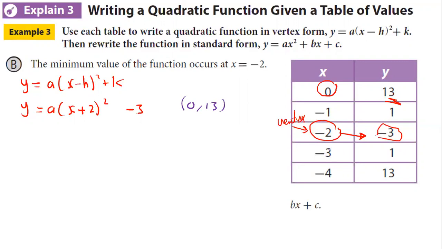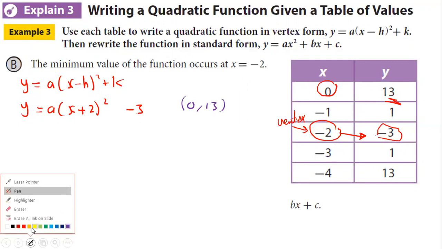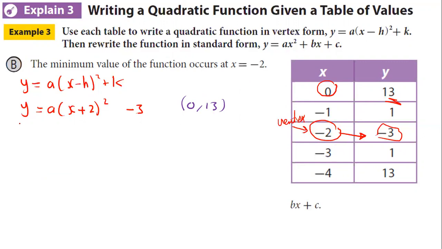Yes, you can use any point as you like, but I prefer to use this one. So we substitute y with 13 and x with 0, and get the value of a.